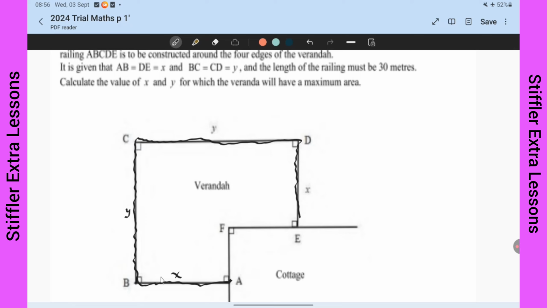So to move from A to B to C to D and then to E, the whole length must be 30 meters. Now they say calculate the value of X and Y for which the veranda will have a maximum area. Before we rush to the area, we have to make sense of what we are given.